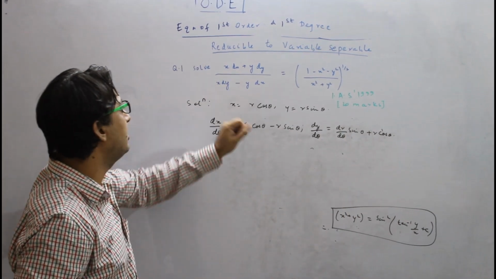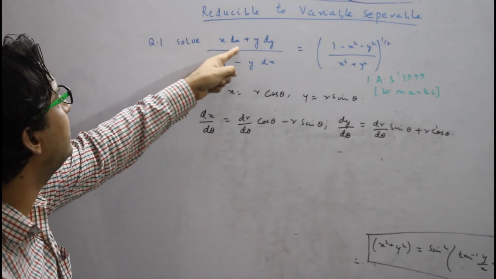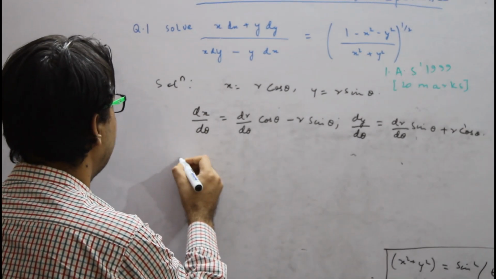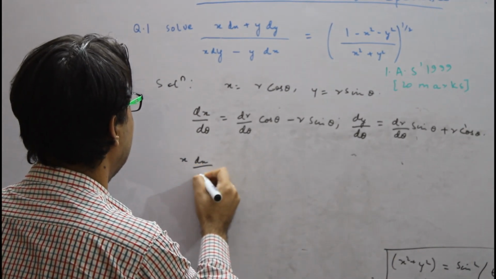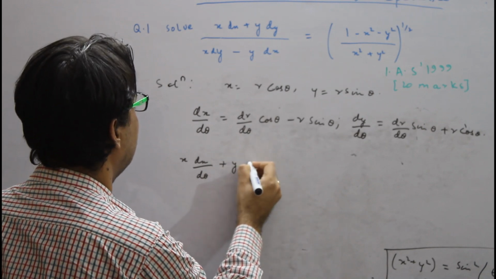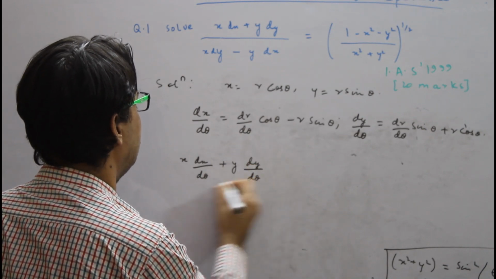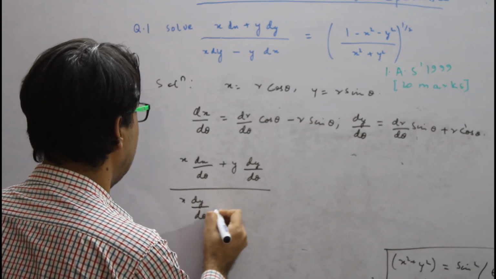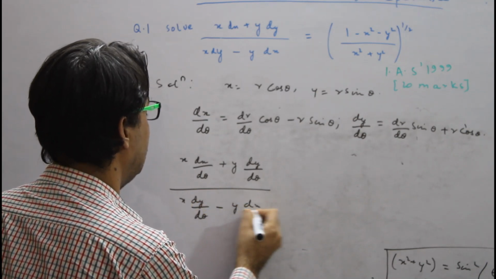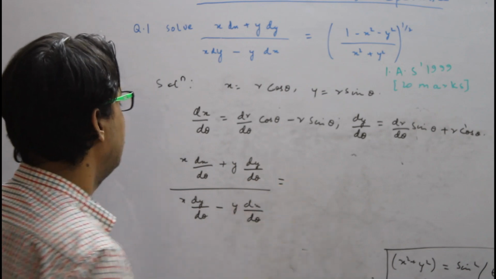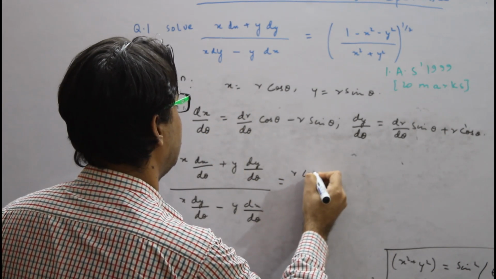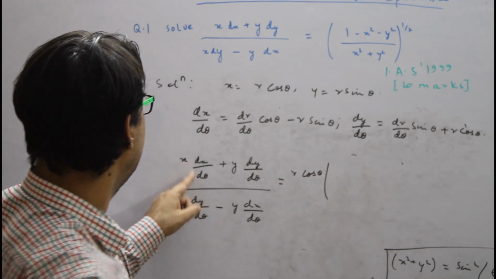Now here we are not having d theta, but we will divide by d theta in numerator and denominator. That is, if we write it like this, dy by d theta divided by x dy by d theta minus y dx by d theta. Then x is what? r cos theta, and what is dx by d theta?